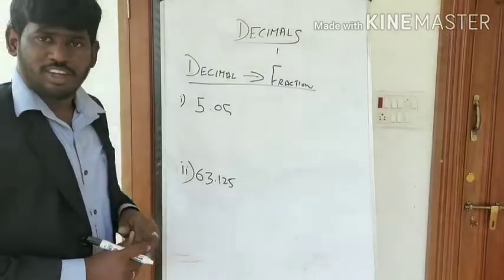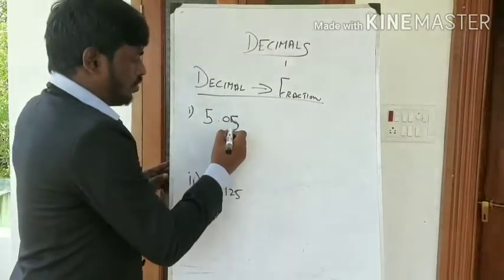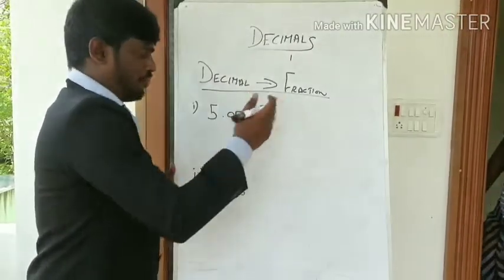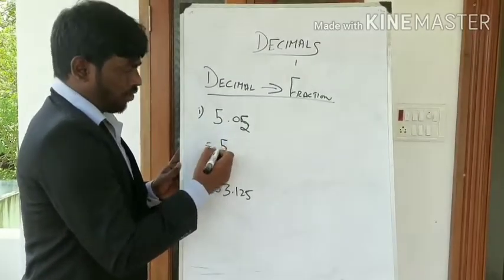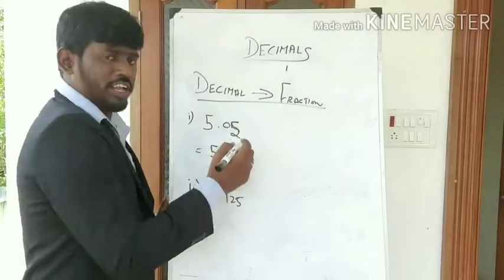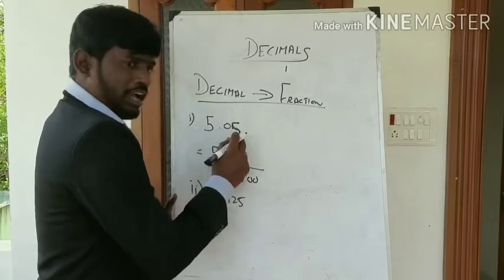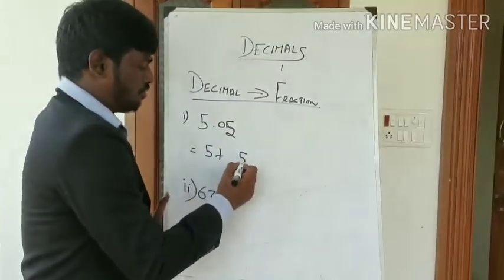Next I am going to take decimal to fraction. Question number 1, 5.05. I am going to convert this decimal to fraction. How can I convert? 5, I can write as 5 plus 0.05. So 0.05 has 2 decimal places, so I can write it over 100, and the numerator will be 5.